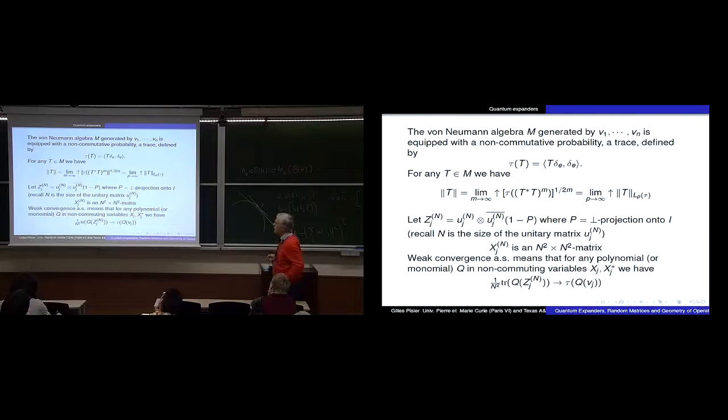Never mind. So Q is an arbitrary polynomial, but of course it's non-commutative probability, so non-commutative variables, and we don't want to restrict to analytic, so we also allow anti-analytic. So these are polynomials in x_j and x_j star. And weak convergence just is, by definition, this convergence whenever Q is a monomial.